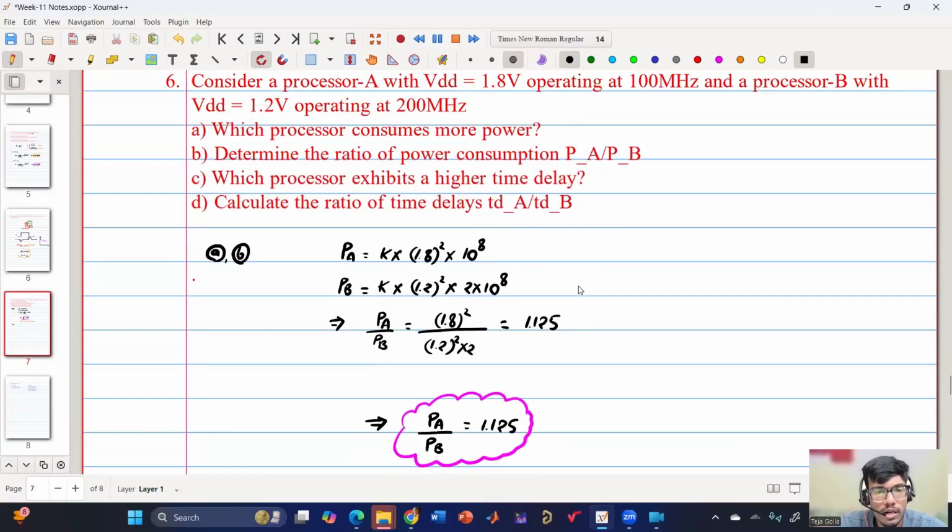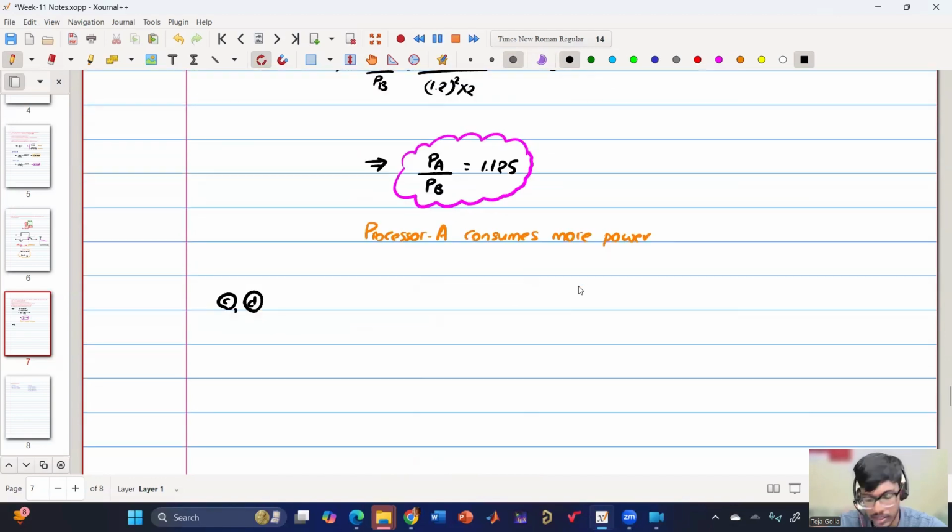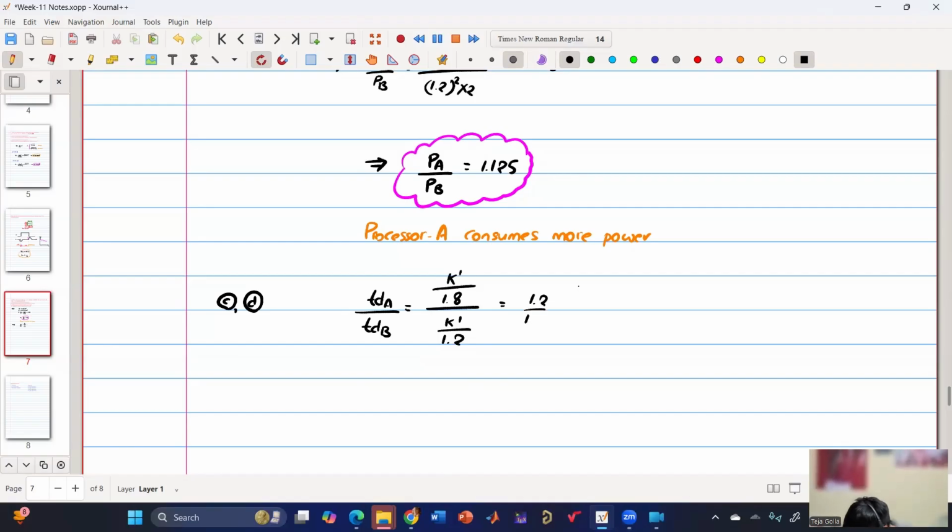So if we calculate C and D, the time delays TDA and TDB, the time delay is inversely proportional to voltage. So I'll consider another constant K dash by 1.8 and K dash by 1.2. So we'll get 1.2 by 1.8, which is 2 by 3, 0.666.